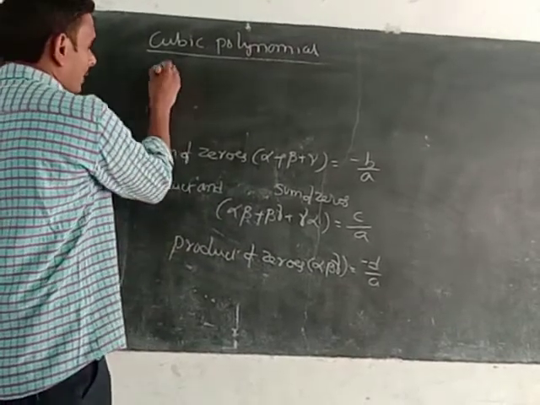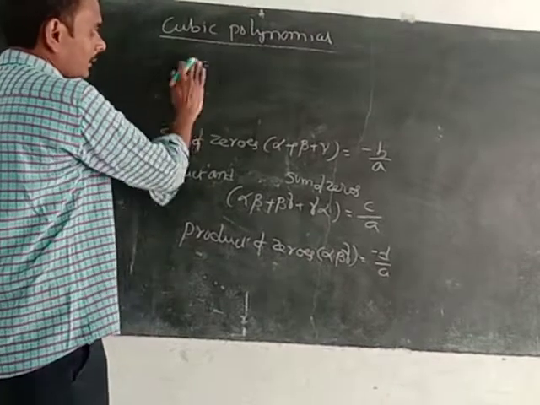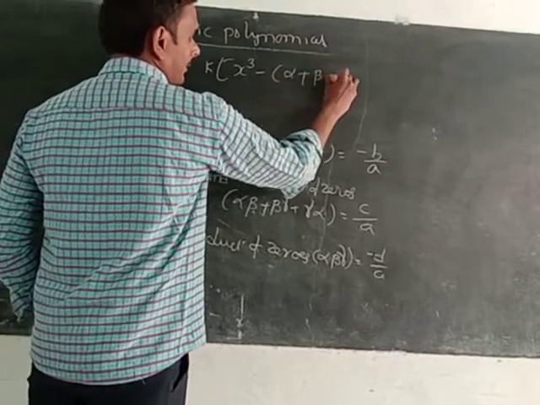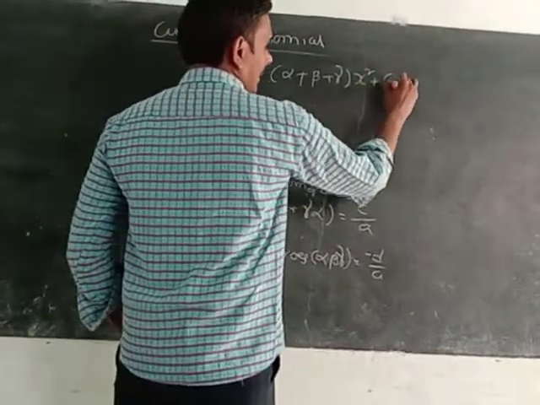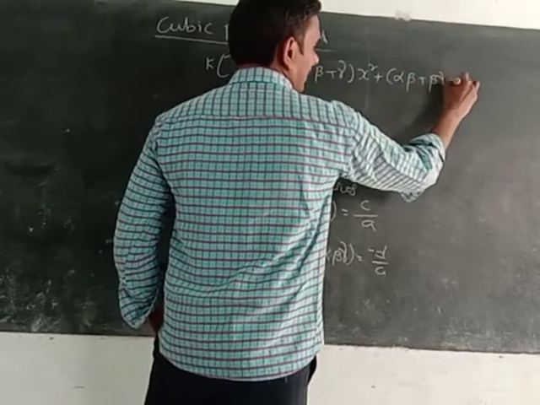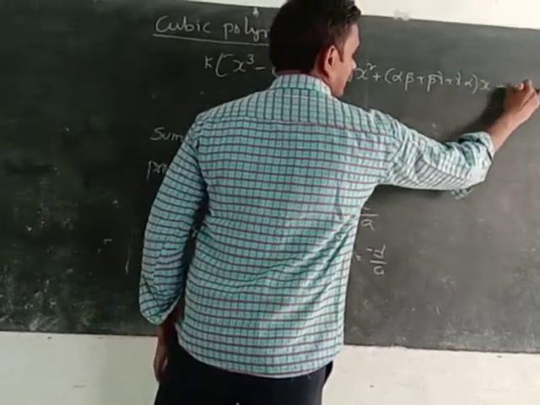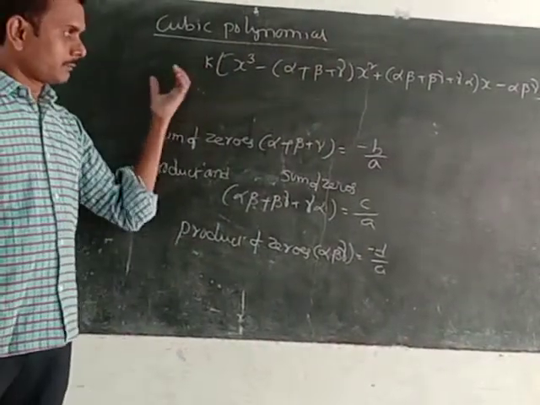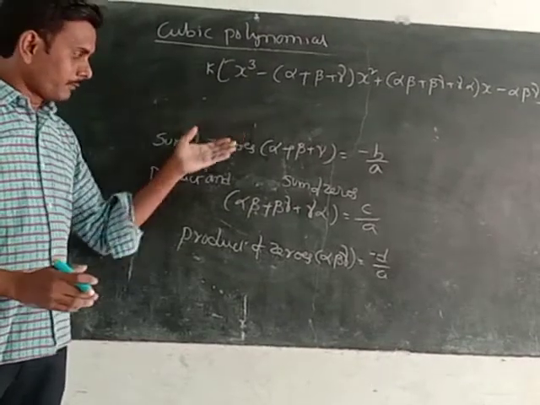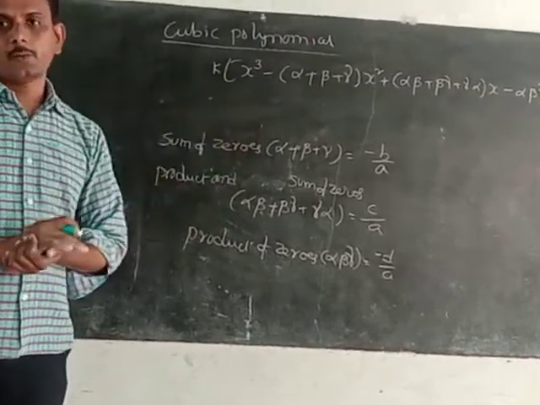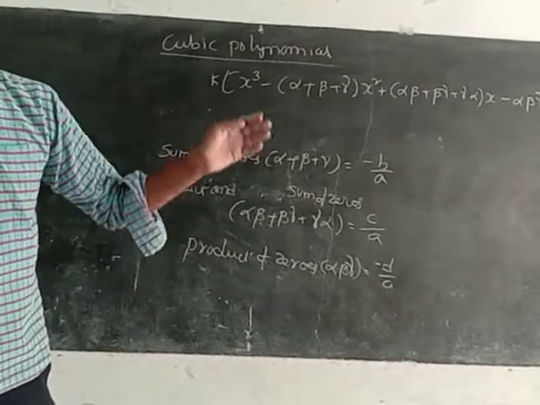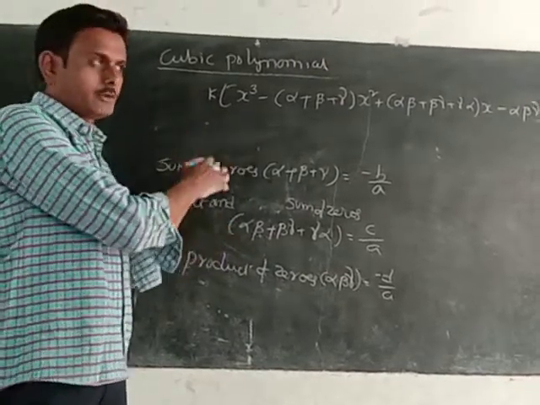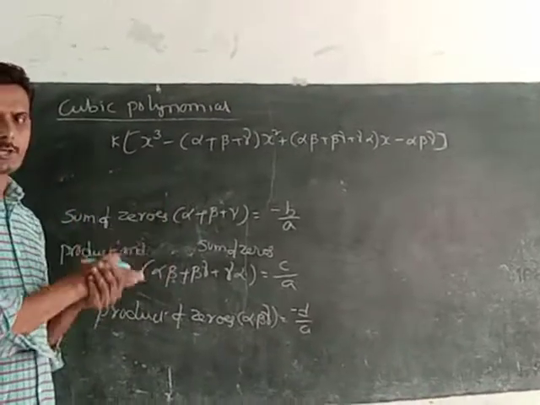Cubic polynomial equal to k into x cube minus alpha plus beta plus gamma into x square plus alpha beta plus beta gamma plus gamma alpha into x minus alpha beta gamma. This is the rule. By using these we can find the sum of zeros and product of zeros like in the previous models.